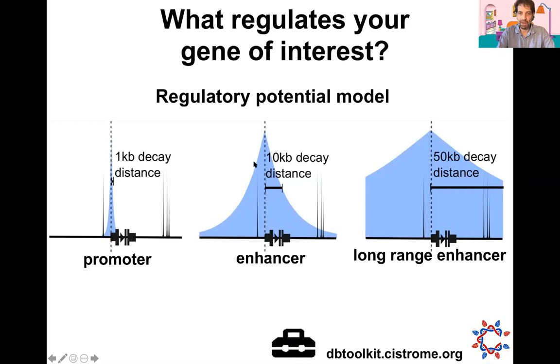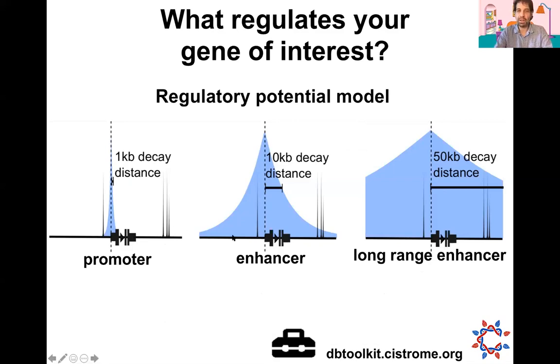What this will do is assign peaks to the promoter, weighting them by the weight function. For example, in this example, this nearby enhancer will get a high weight, but these 3 will also be weighted and given lower weights, and they will be summed up, and that will be the regulatory potential for that gene. In the toolkit, we calculate these regulatory potentials for all high quality transcription factor data sets.